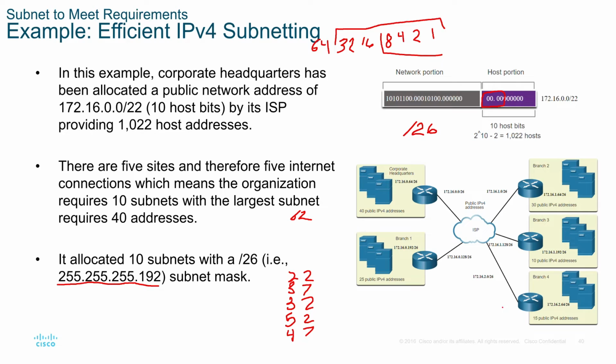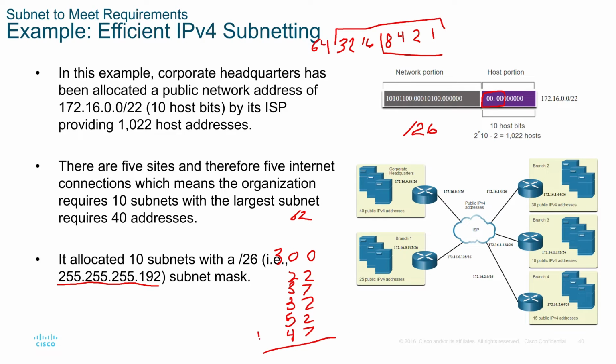And on each one of these, where I only have 2 connections, I would have lost 60. Well, 1, 2, 3, 4, 5 connections. So I would have lost another 300 addresses there.